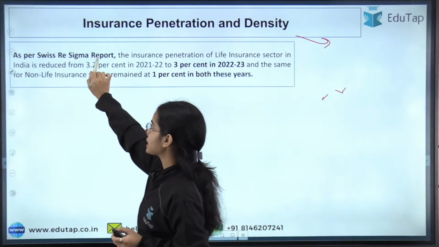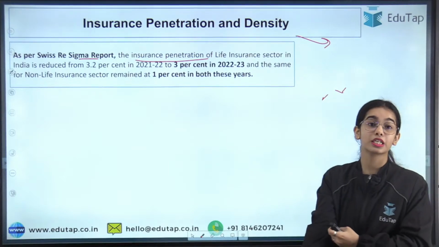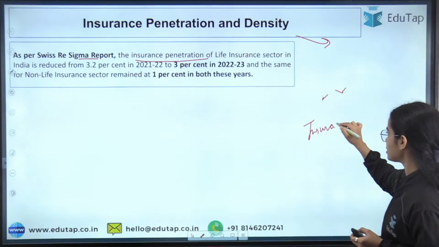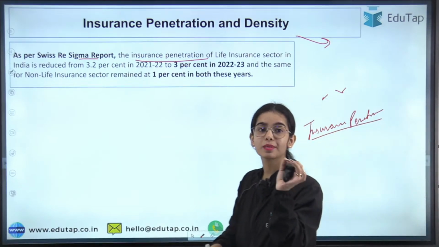Now, as per Swiss Re Sigma report, the insurance penetration of life insurance sector in India is reduced. First of all, what is insurance penetration? Insurance penetration is shown as a percentage.